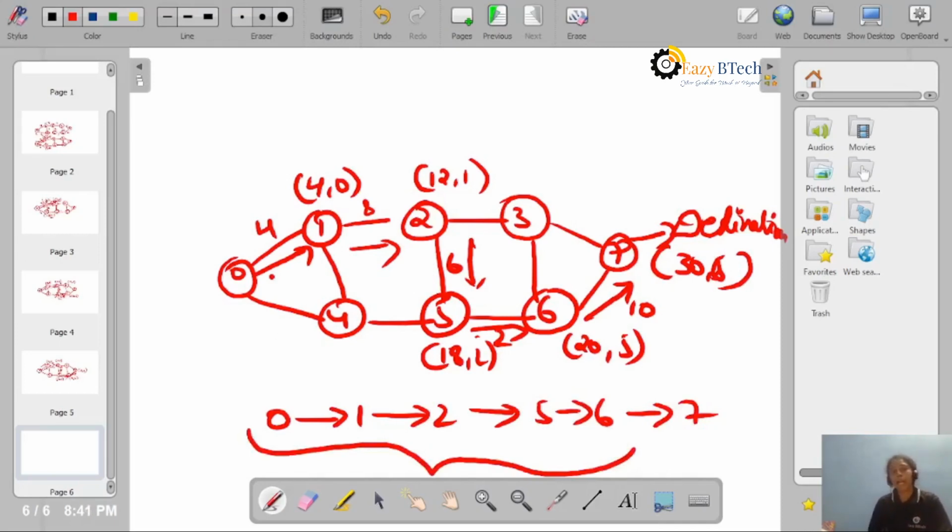In this way, we have to find each and every node distance and each and every node cost. We have to consider the minimum cost of each and every node. First we have to find the shortest path, meaning we see what the source vertex is and what the adjacent vertices from the source vertex are. We identify which adjacent vertex has the minimum cost.